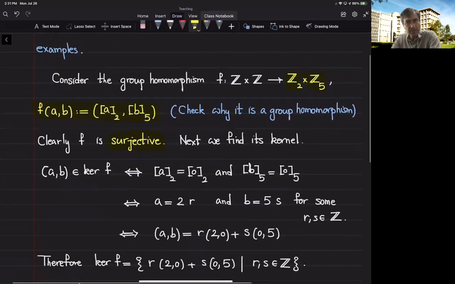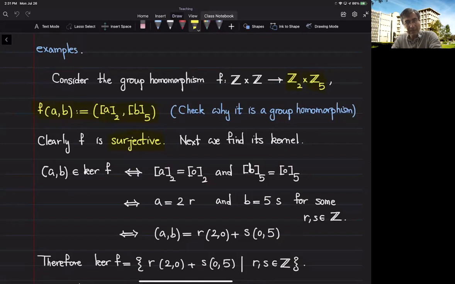I want to use the first isomorphism theorem in order to get some understanding about the quotient of Z cross Z. The first isomorphism theorem says that the domain modded by the kernel is isomorphic to the image.